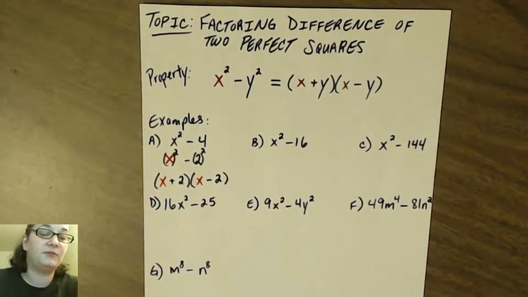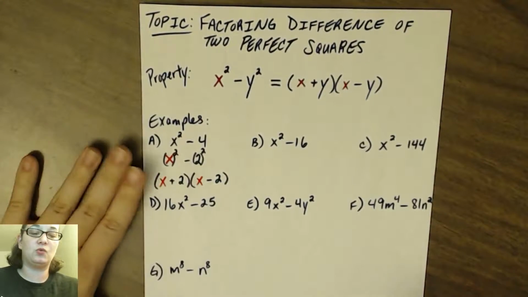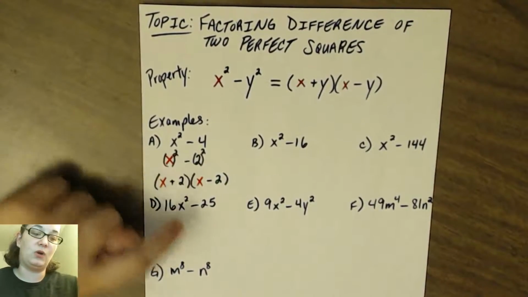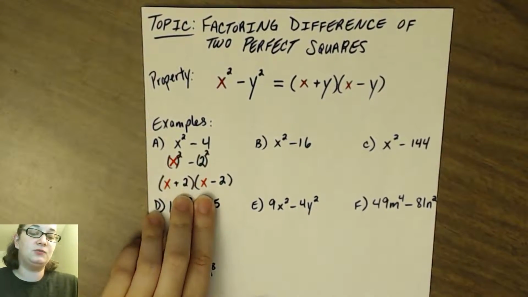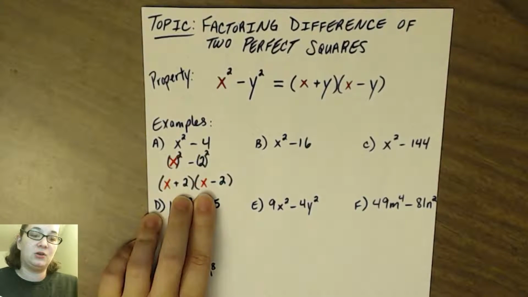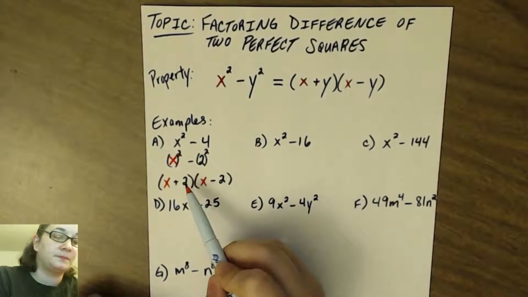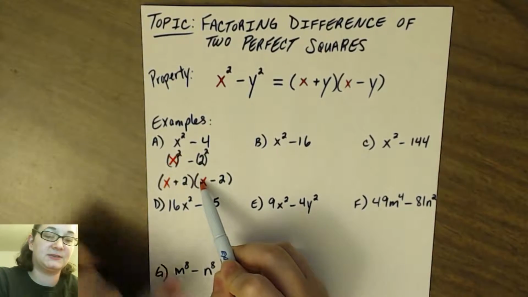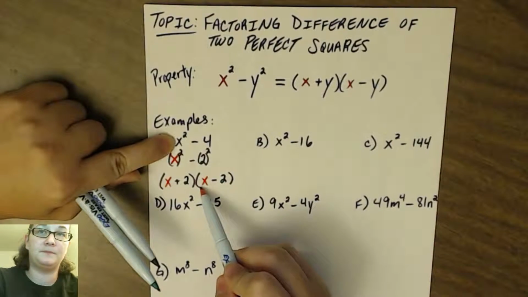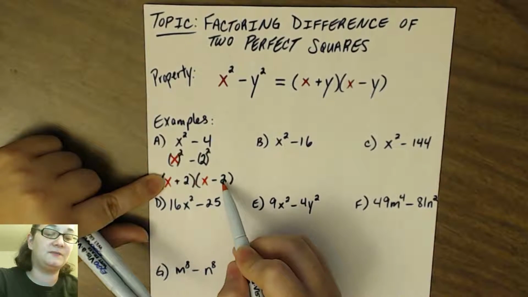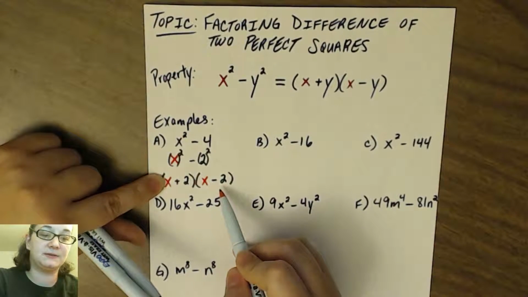And a really wonderful thing would happen in your brain if you weren't sure why this is working. If you distributed this out, what you'll notice is x times x is x squared. That's where this is coming from. X times a negative 2 is a negative 2x.